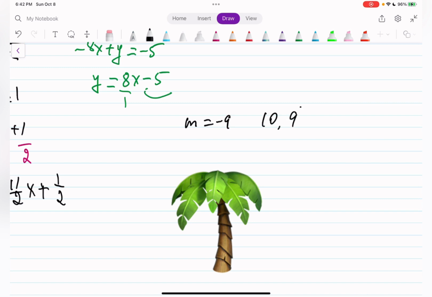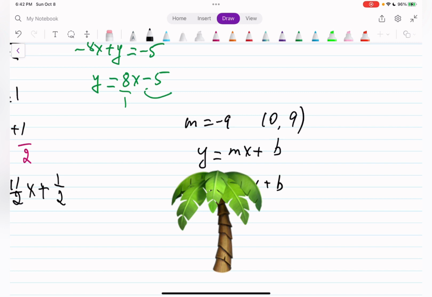Zero, positive 9. Okay. So we know that our slope intercept form is y is equal to mx plus b, correct? My m is negative 9, which is going to be y is equal negative 9x plus b.